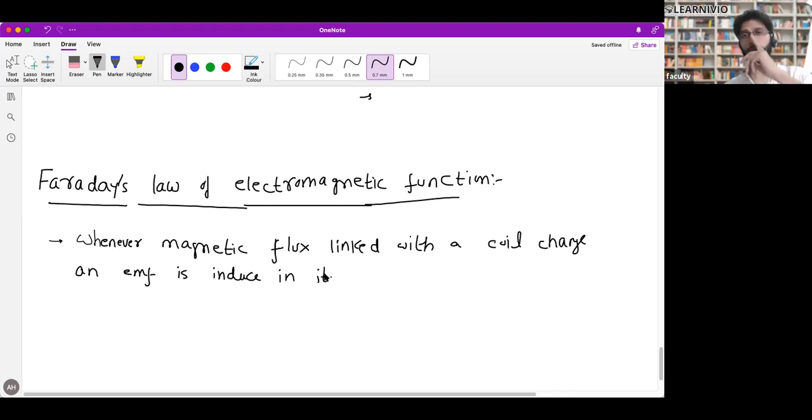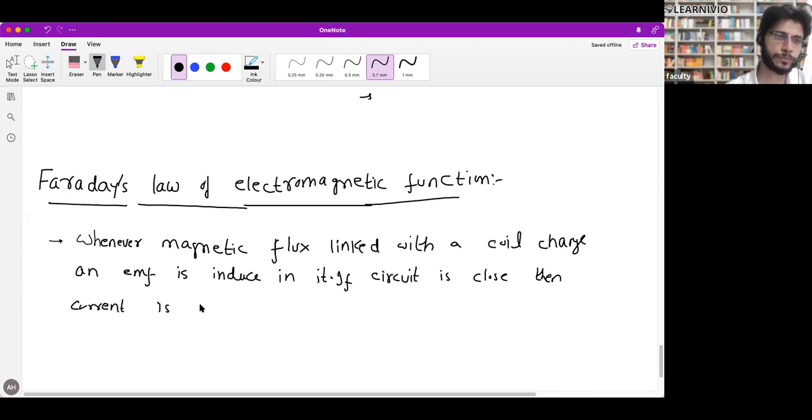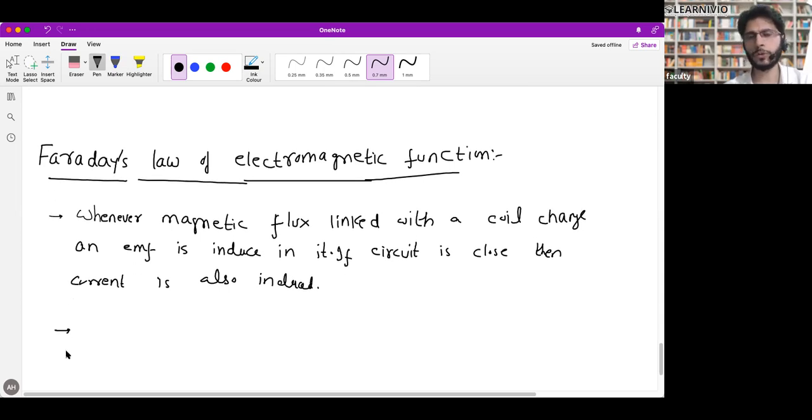And if the circuit is closed, then a current is also induced. First thing: whenever flux changes, an EMF is induced.